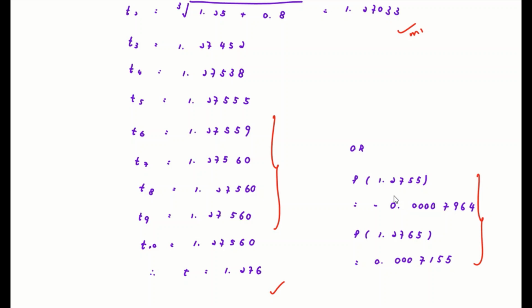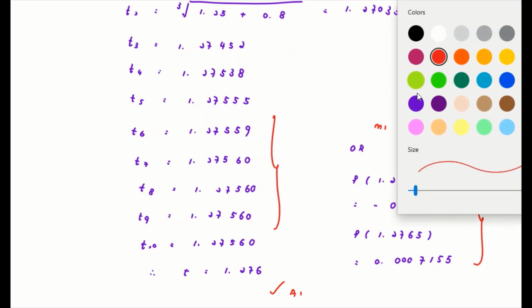It's very hard to say what is meant by sufficient. So that's why this is your A1. Your M1 depends on whether you show sufficient iteration or you show the sign change in these two intervals, then you get another M1. So that's 3 marks for the question. Okay, so next part.